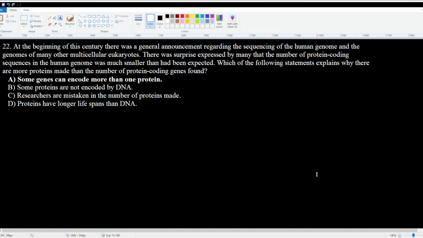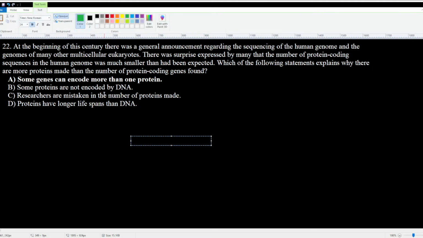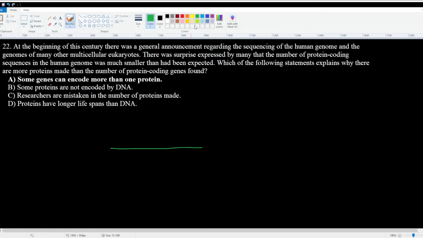So remember earlier, in the case of that one mRNA, this mRNA can go through splicing. We can splice out the green bits, leave only the blue, so that's one mRNA coding for one protein.